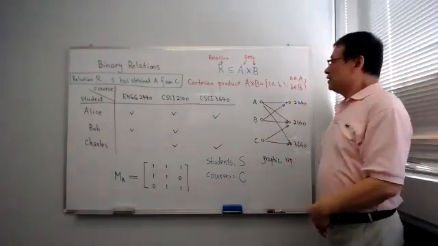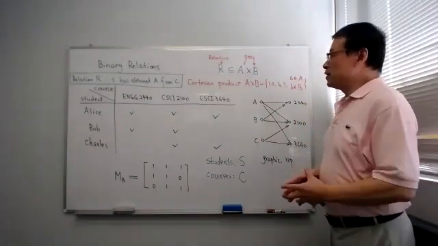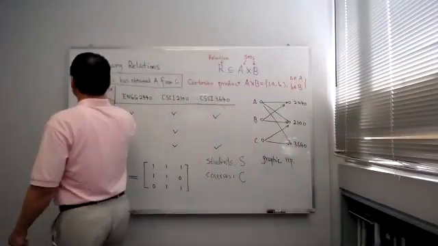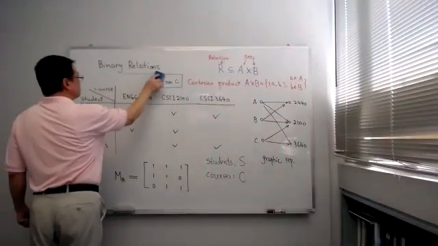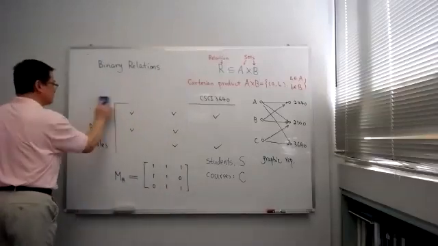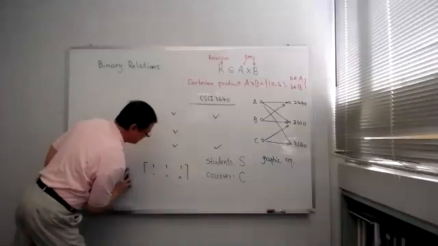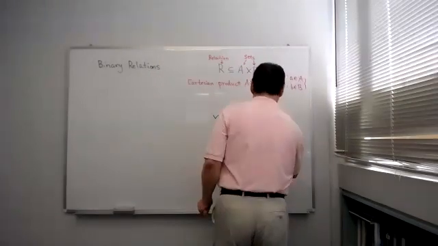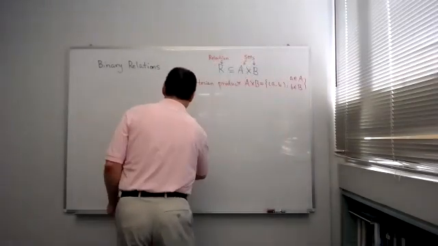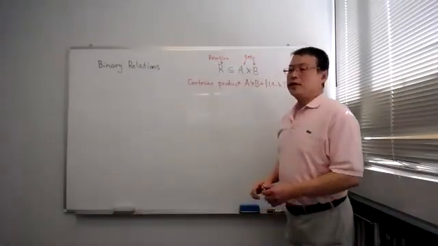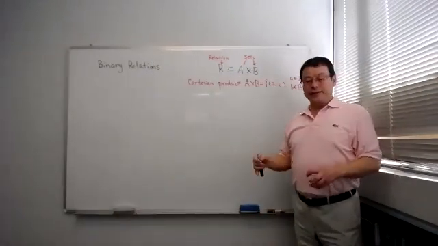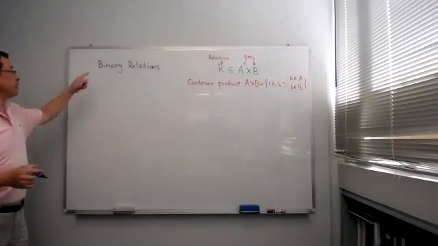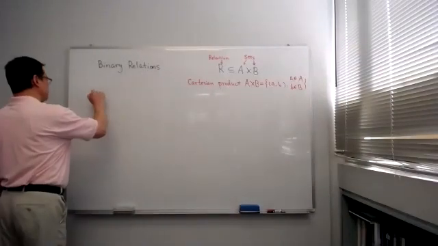Okay. So that's the basic idea of a relation. Now we are going to define it mathematically. A binary relation is a connection between objects in two sets. Typically, we will not say binary, we just say relation.